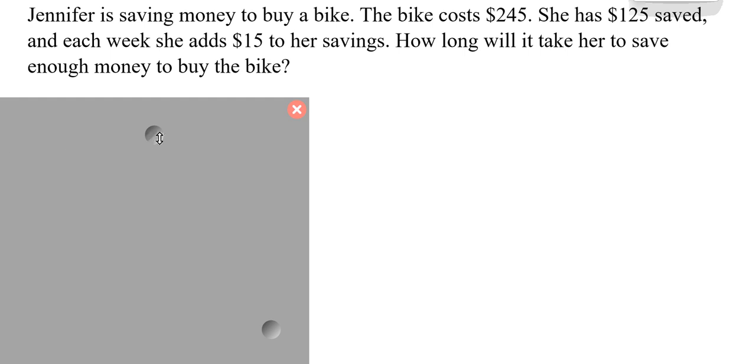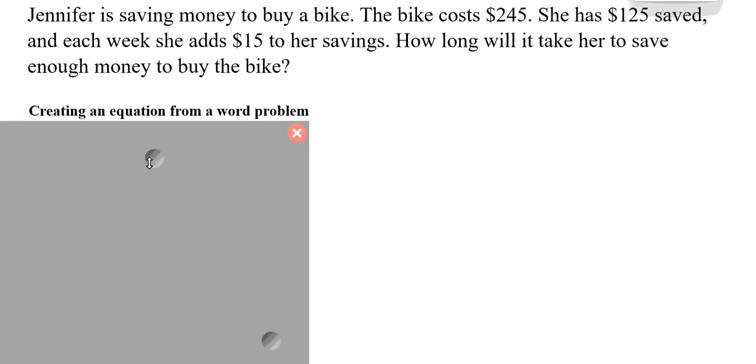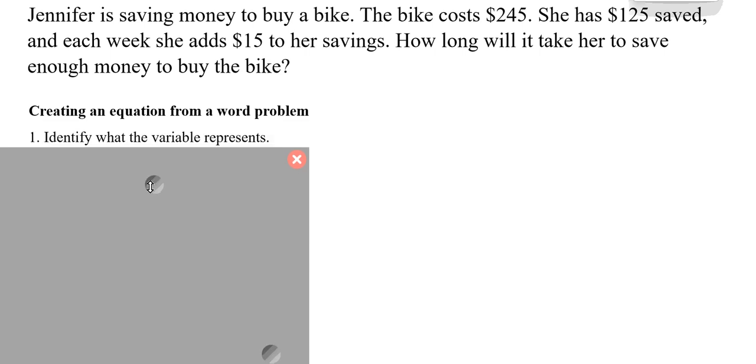So if you want to create an equation from a word problem, the first thing you've got to do is identify what the variable represents. It's not enough just to say, well, it's x. It doesn't matter what the letter is. What are we trying to answer? What question are we trying to get a number for?